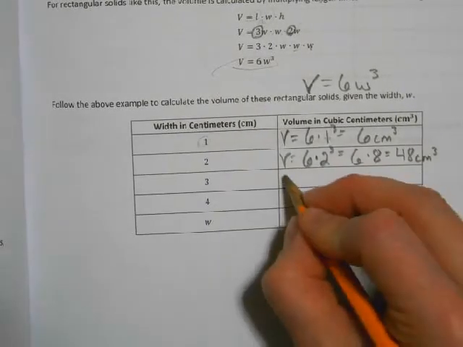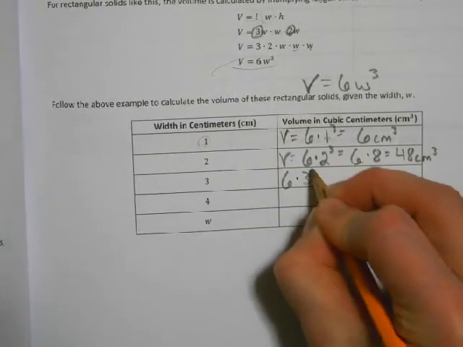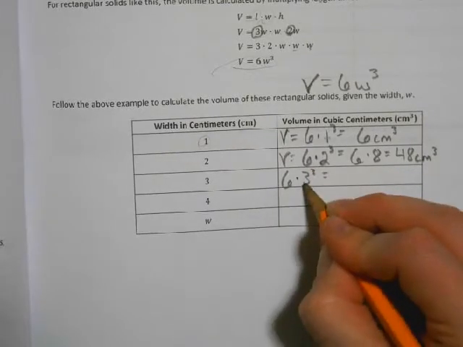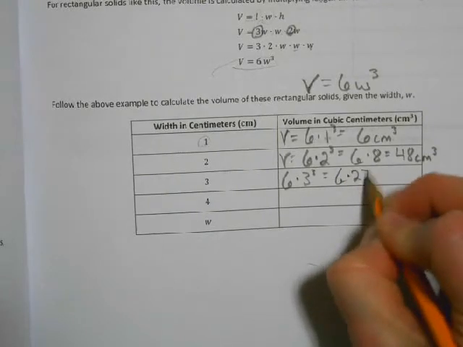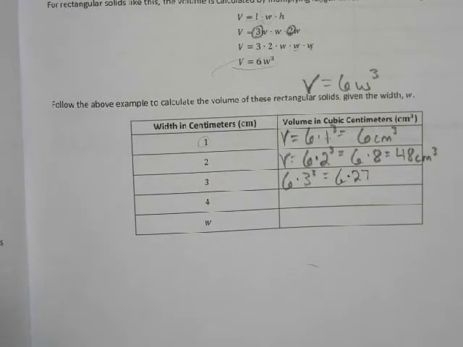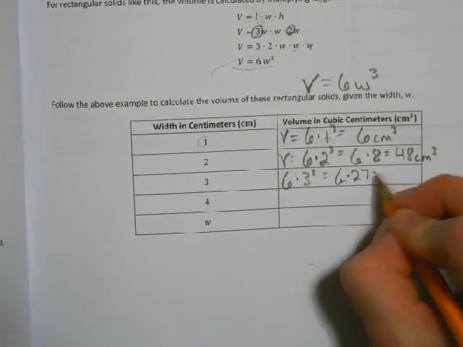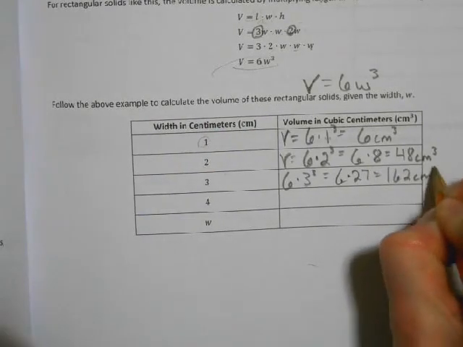This one, you have 6 times 3 cubed. 3 times 3 is 9. 9 times 3 is 27. So that's 6 times 27. 6 times 27 is 162 cubic centimeters.